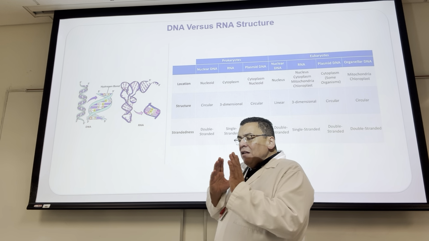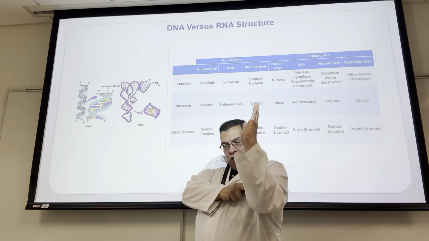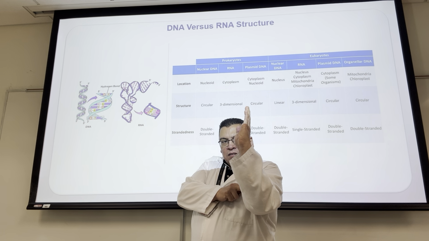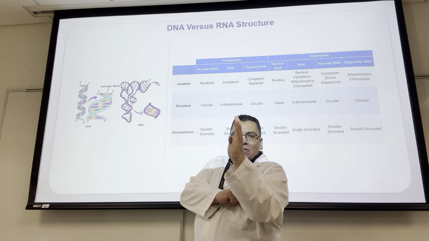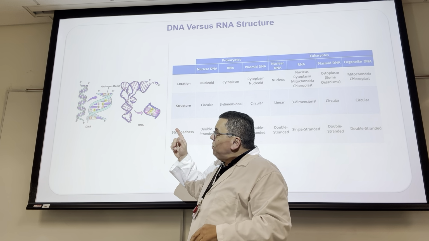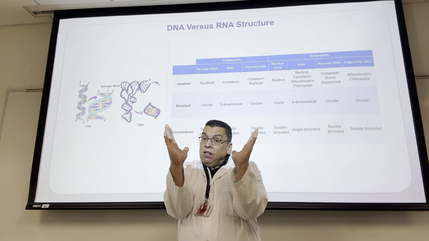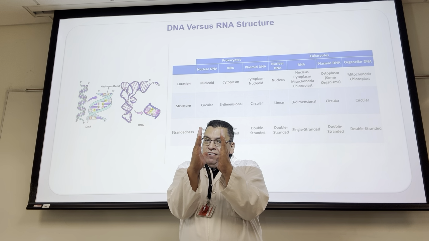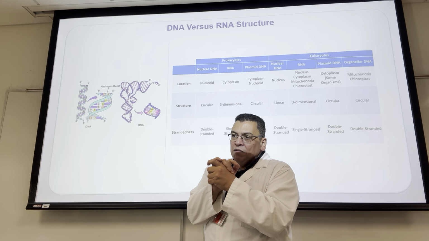The bonds that are holding the nucleotides in each strand together are covalent bonds. Those are phosphodiester bonds. But when I'm talking about the hydrogen bond, I'm talking about the bond that's holding the two strands together. That's different.